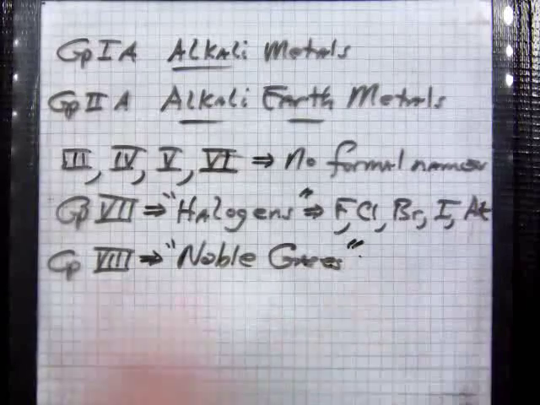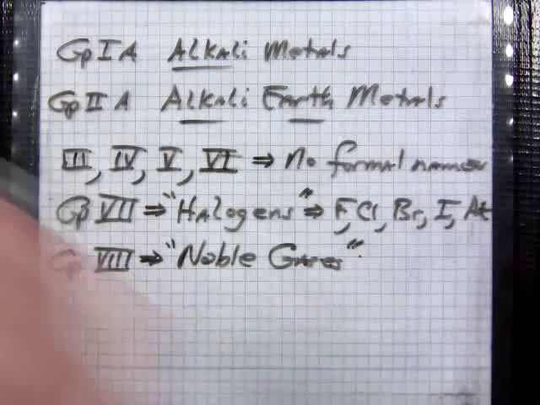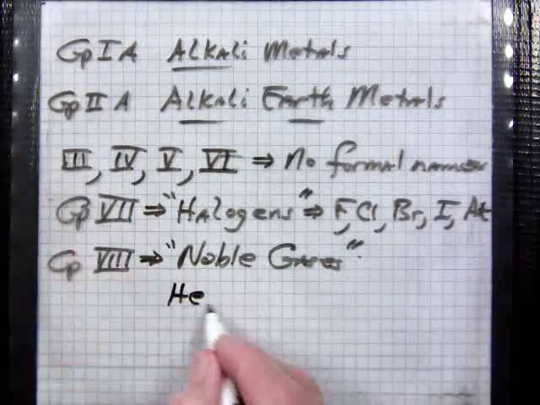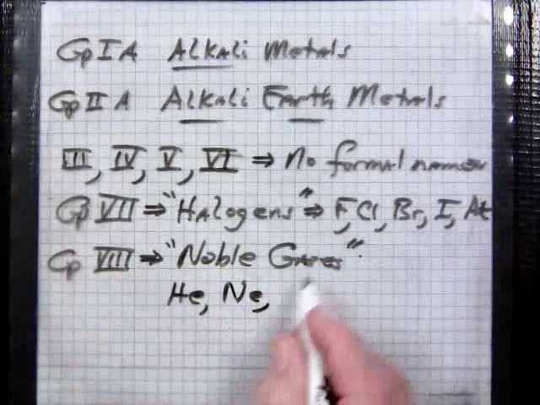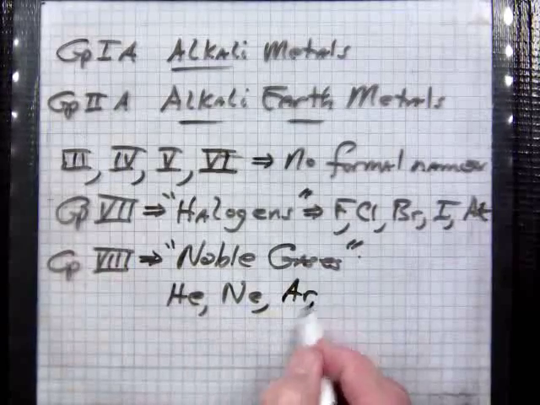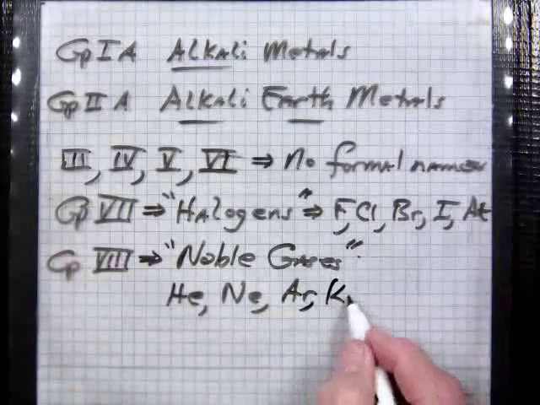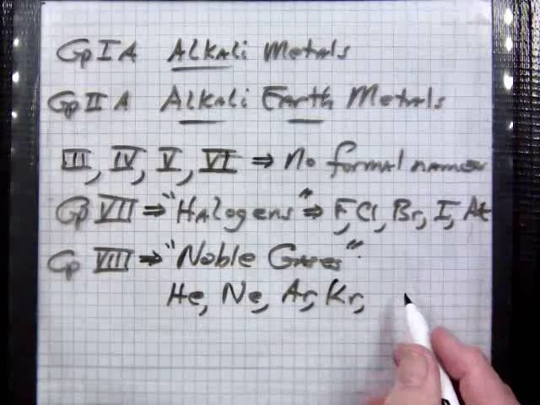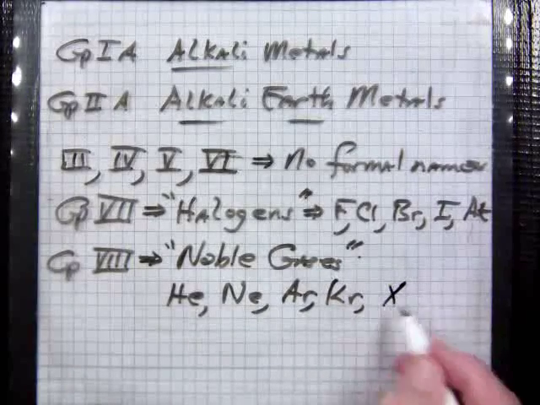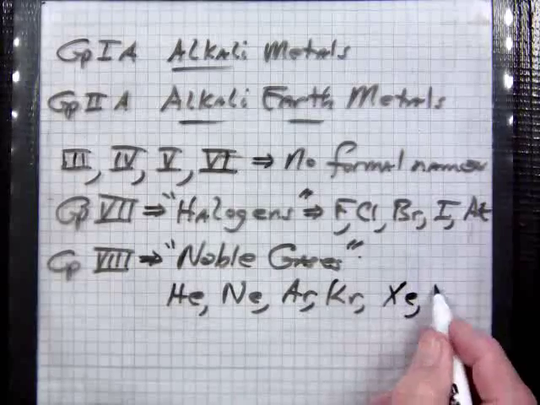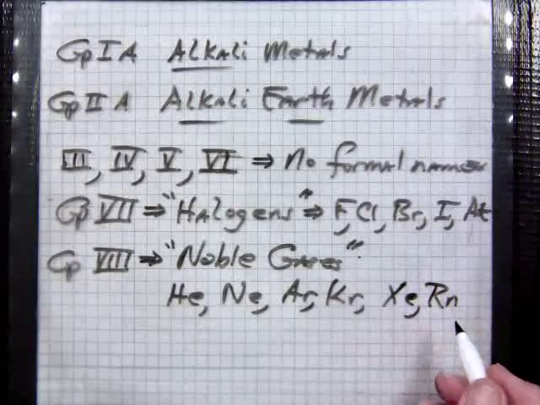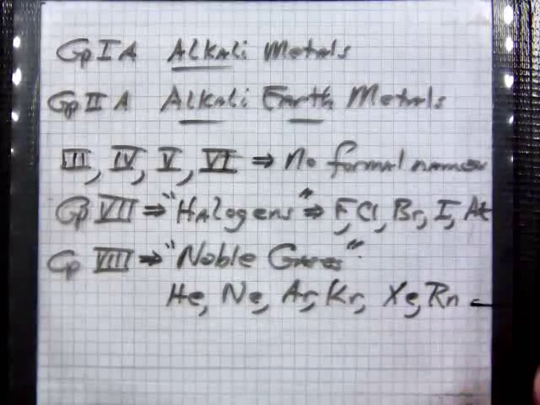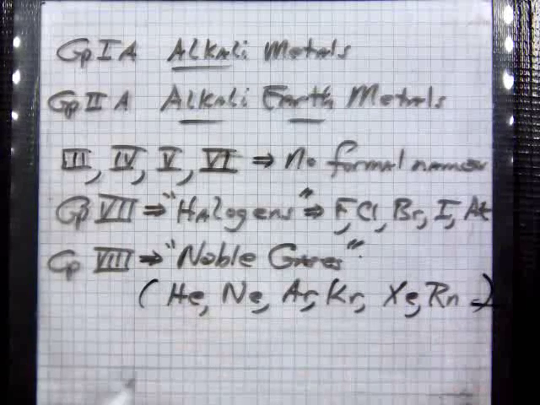And, of course, they include helium, neon, argon, krypton, xenon, radon, and that's enough. You'll have the periodic table in front of you, so you can find that without trouble.